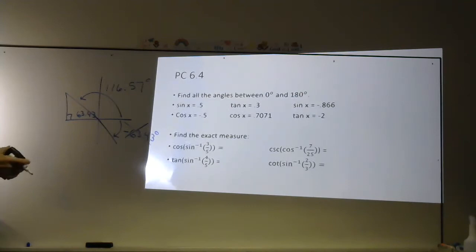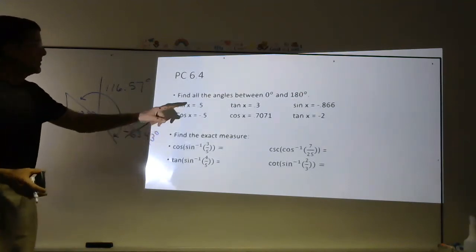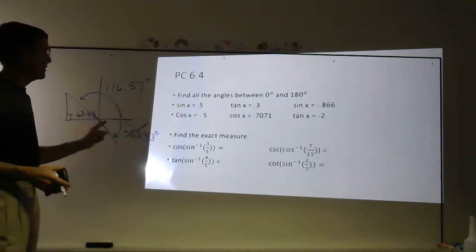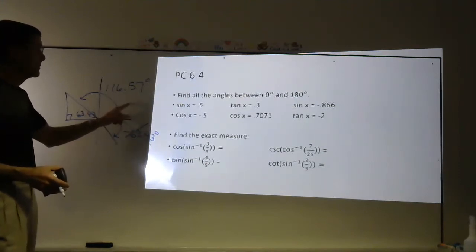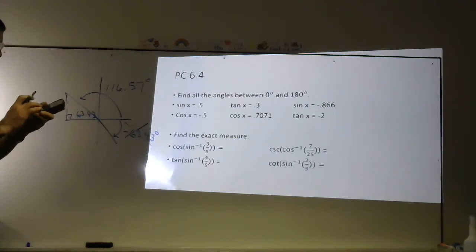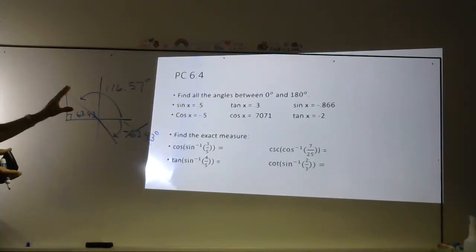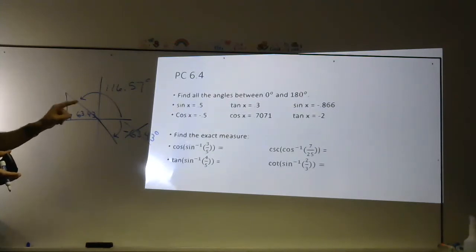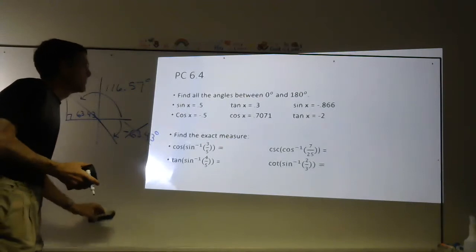So now, we don't worry about this one because the directions say between 0 and 180. Tangent is positive here, so we don't want it. We want it over here. Let's check that. What is the tangent of 116.57? And I get negative 2, okay? So that's right.